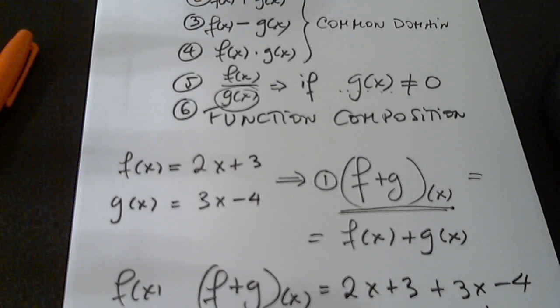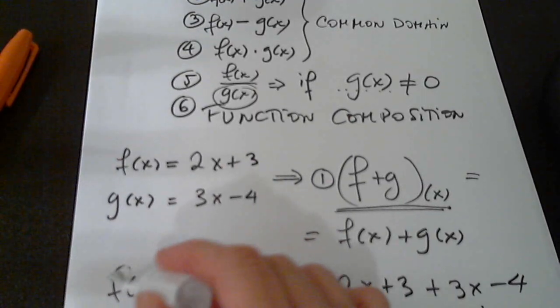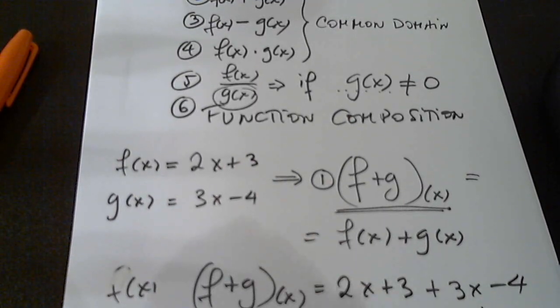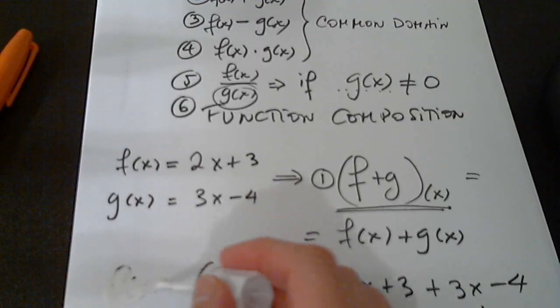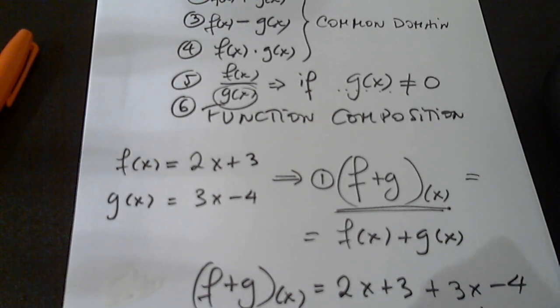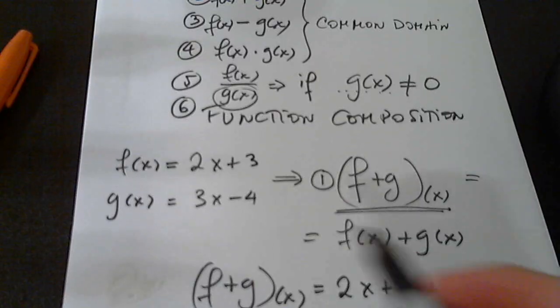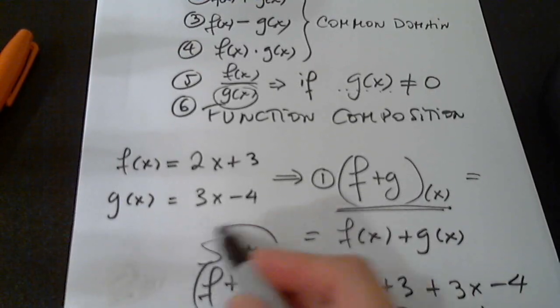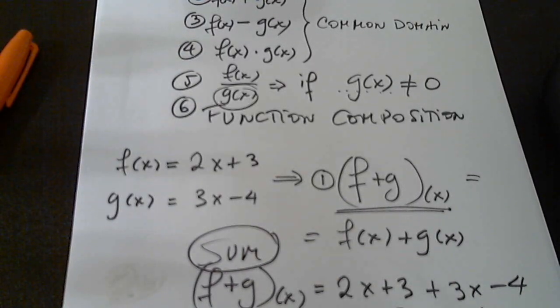Can anyone give us the final form of this function, which is the sum? It's 5x minus 1. Perfect, excellent. So this is indeed 5x minus 1. And this is the function called the sum of these two. Good.